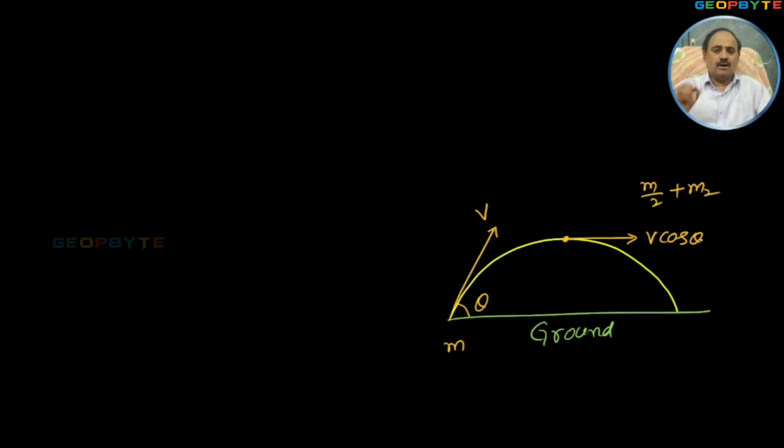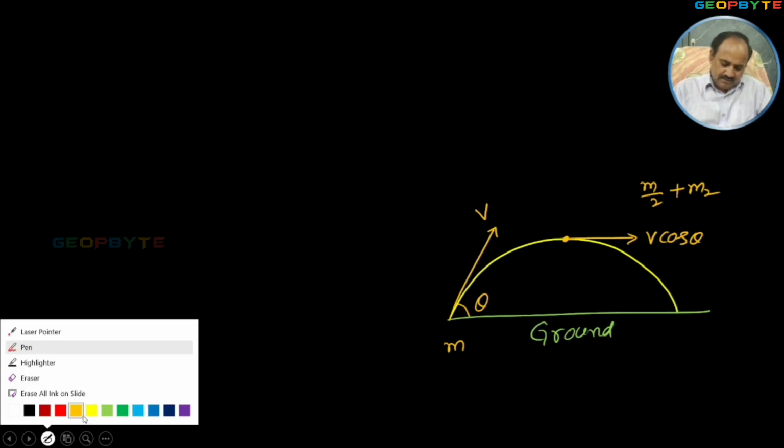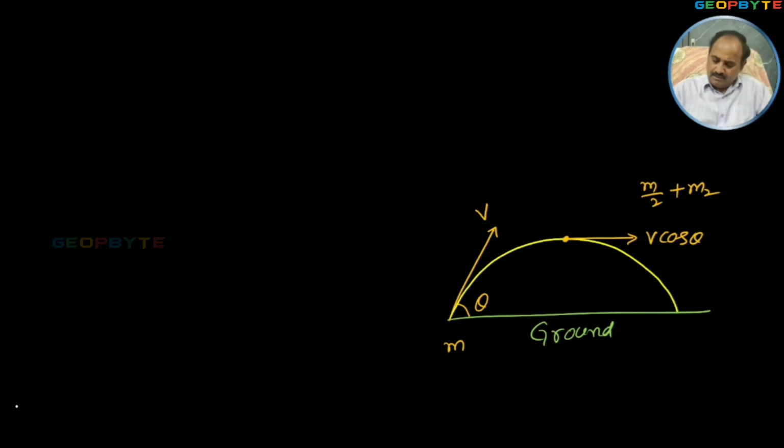Same trajectory means the horizontal component of velocity remains the same, because the particle is projected with a velocity v at an angle theta, it develops two components of velocity, v cos theta and v sin theta. The horizontal component of velocity v cos theta remains the same. That means the m by 2 mass is maintaining the same horizontal component of velocity.